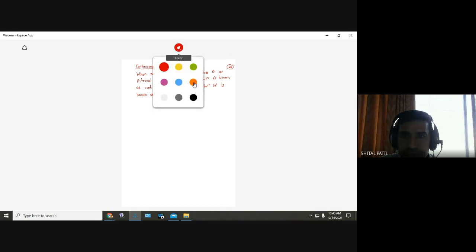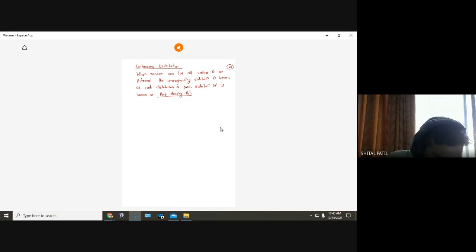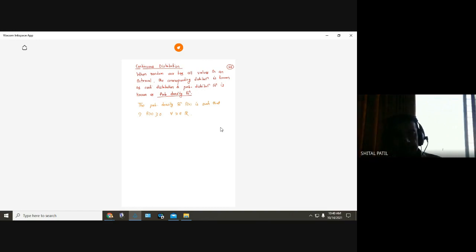Now, what is PDF that will define? The probability density function f of x is such that, one, f of x is always greater than or equal to 0 for all x belongs to the set of real numbers.